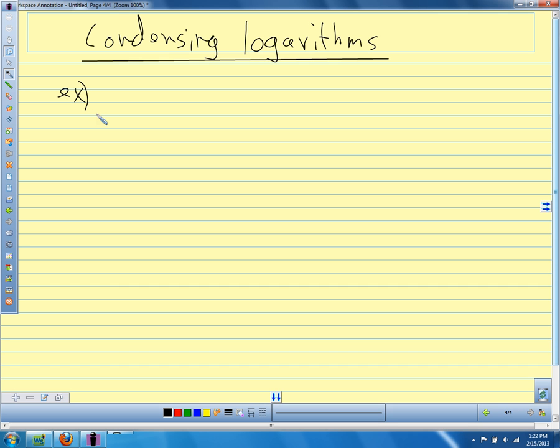So we're using the rules of logarithms to take some really long expression and condense it down. So we're going to condense 2 log x minus 3 log y plus 1/2 log z. So we want to condense this down into a single logarithm.